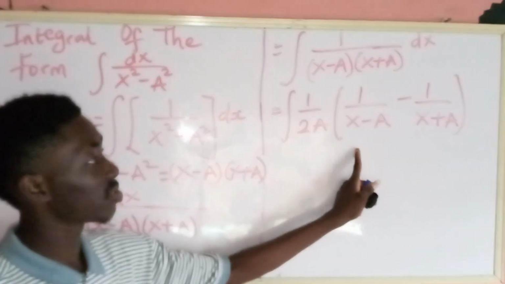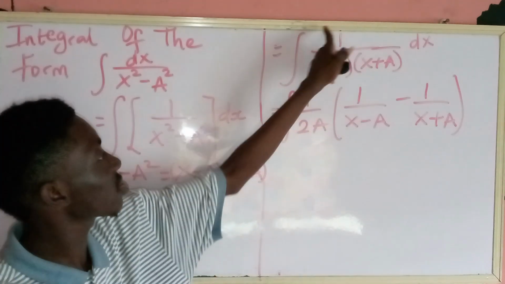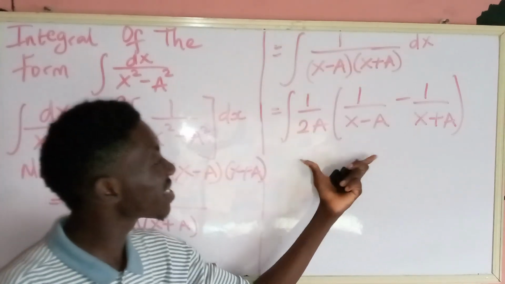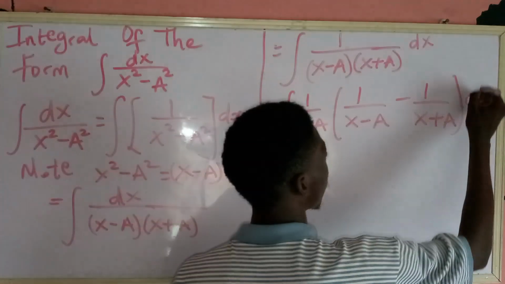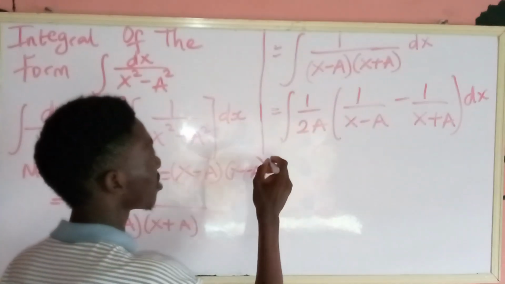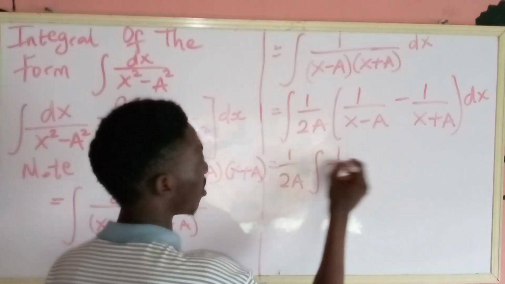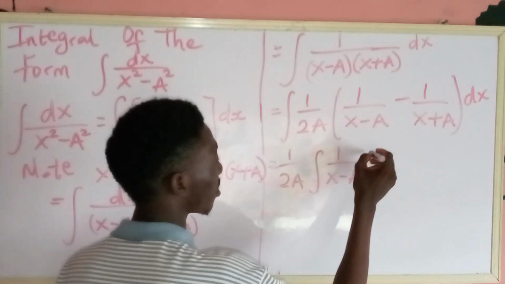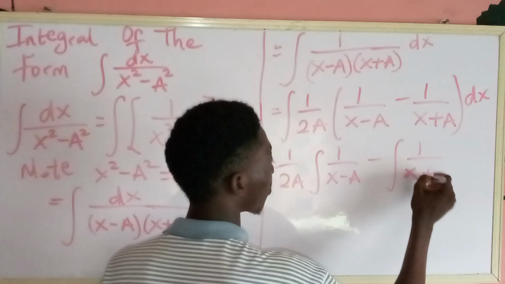This is the partial fraction of this. So this whole expression is the same as this expression when you do the partial fraction. And in that case, this will be 1 over 2a, the integral of 1 over x minus a minus the integral of 1 over x plus a.